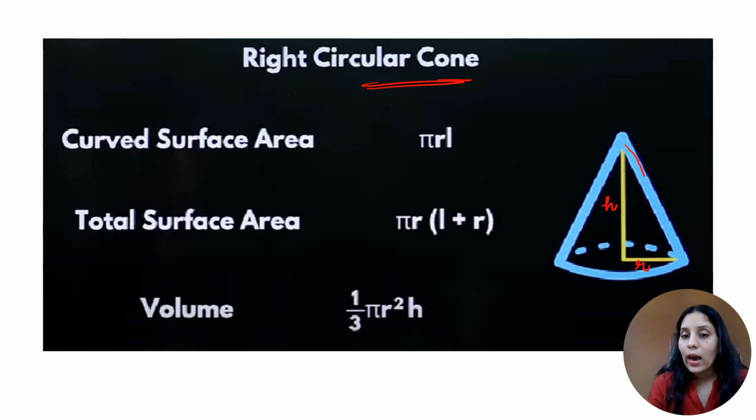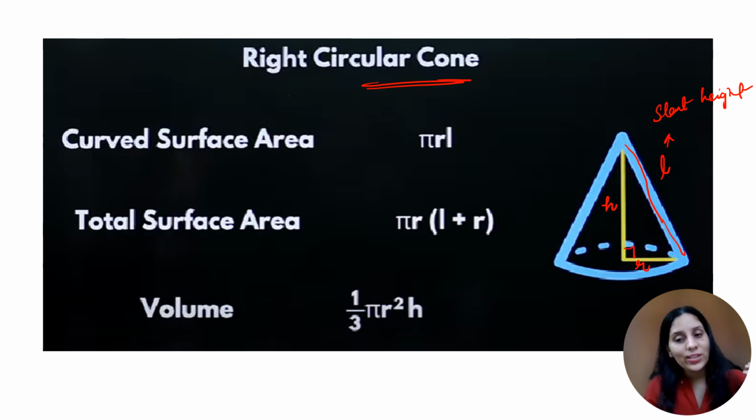You also have this one, this is slant, so we call this as L, which is known as slant height. Now firstly, as we know that this is the height, height is always perpendicular, so this is a right angle triangle. So in a right angle triangle we can always apply Pythagoras theorem. What is Pythagoras theorem?